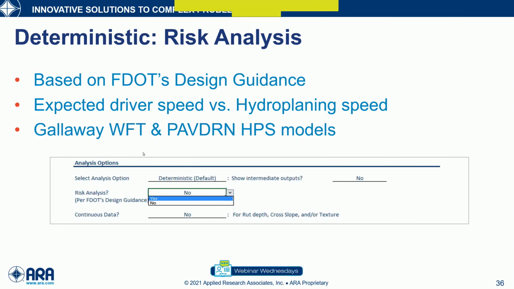The risk analysis is conducted by comparing the expected driver speed during certain rainfall events and the expected hydroplaning speed. In accordance with the FDOT's design guidance, the analysis here is always based on the Galloway waterfall thickness model and the paved drainage hydroplaning speed models.